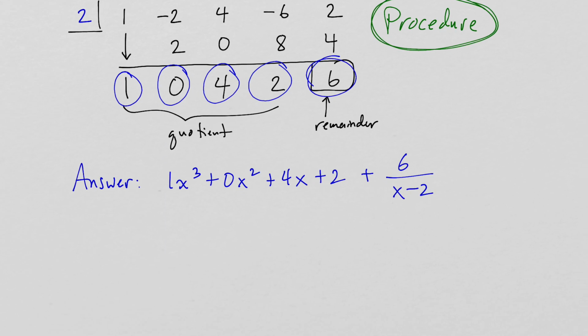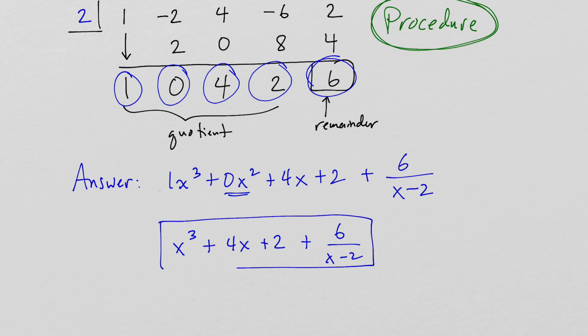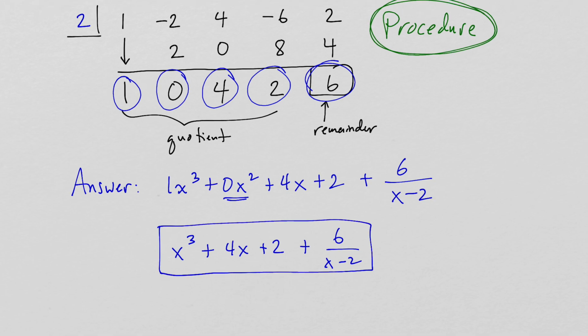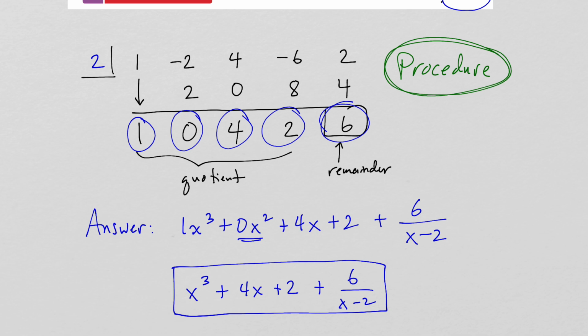And then, of course, in the end, we can write it without this term, right? We can leave this term out. And this is the synthetic division process. Now, I promise you, once you get used to this, you will never want to use long division again.